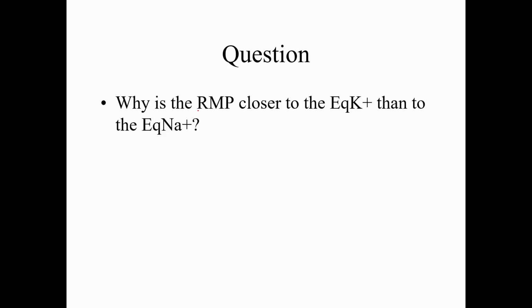So at rest, why is the resting membrane potential closer to the equilibrium potential of potassium, which was minus 90, than to the equilibrium potential for sodium, which is positive 60? Well, the reason is, at rest, neurons are more permeable to potassium.